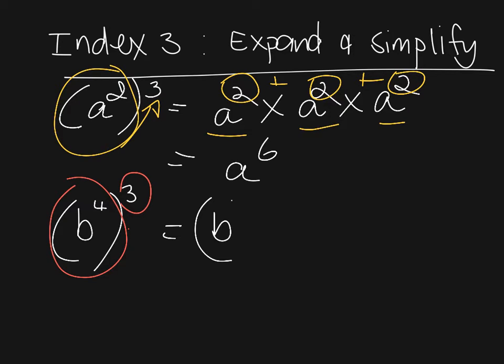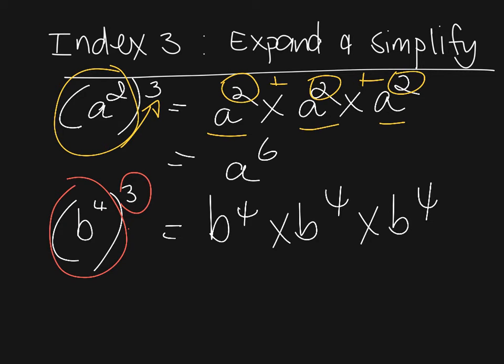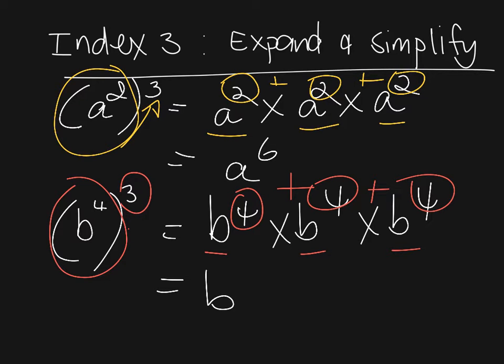So it's b to the power of 4 by b to the power of 4 by b to the power of 4. We know, again, the base is exactly the same, so we know that it's b. And up here we go 4 plus 4 plus 4 is 12.